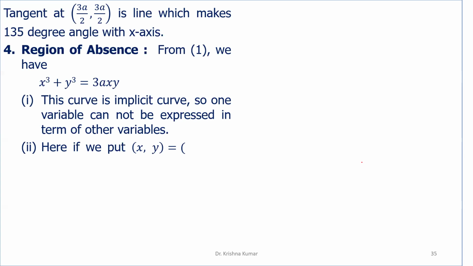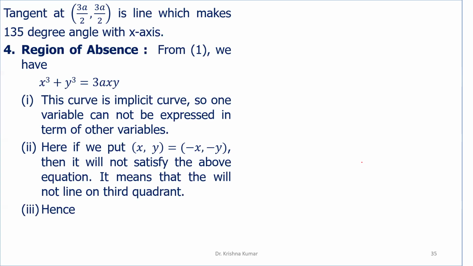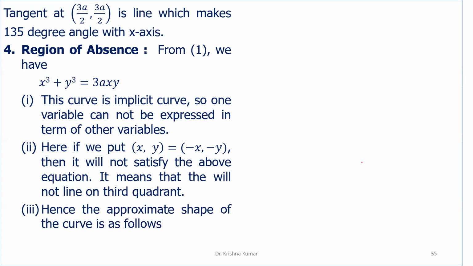If we put xy equal to minus x minus y, it will not satisfy the above equation. It means that there will not be any part of the curve in the third quadrant. Hence, the approximate shape of the given curve is as follows.